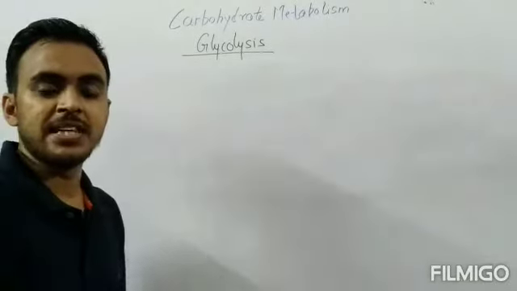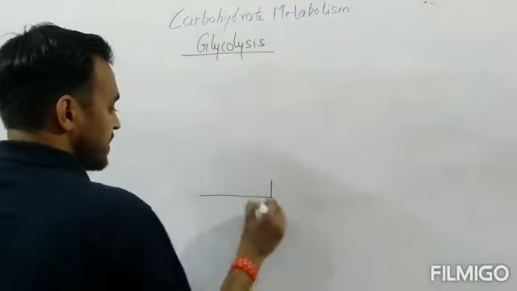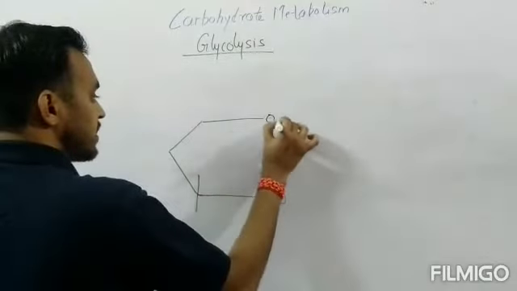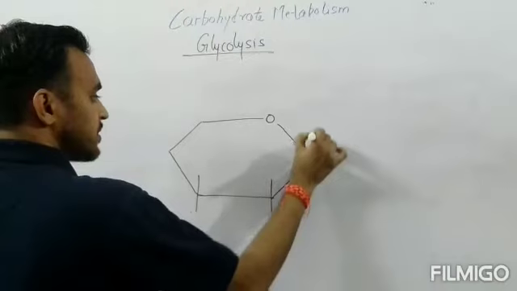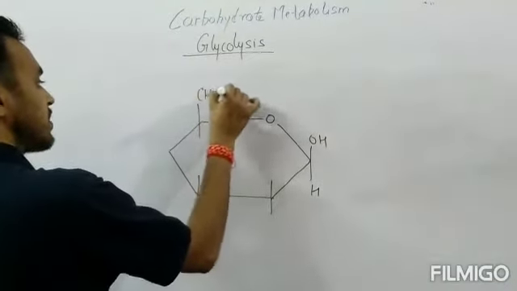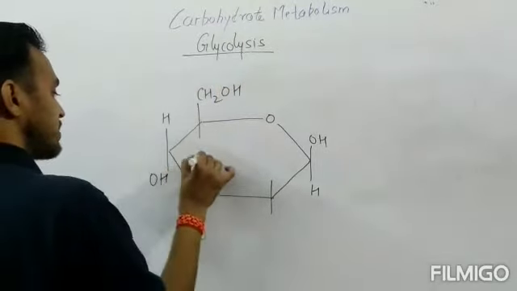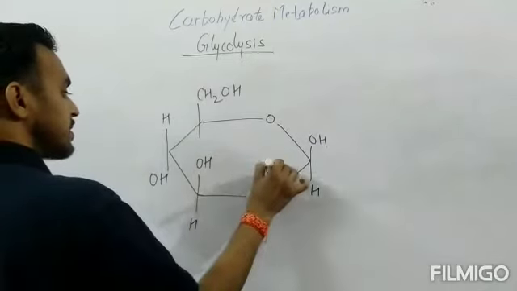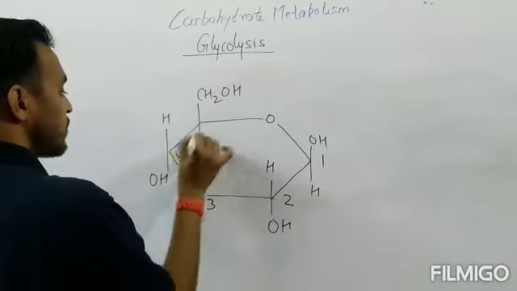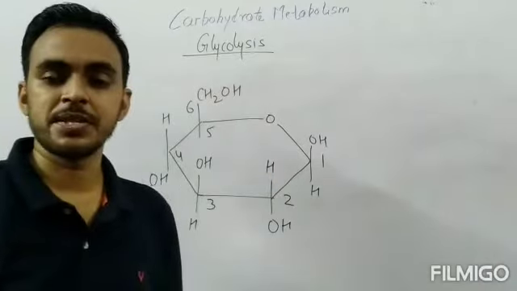Now we will see the 10 steps of glycolysis. We start with the glucose molecule. It is a hexose sugar. It has 6 carbon atoms.